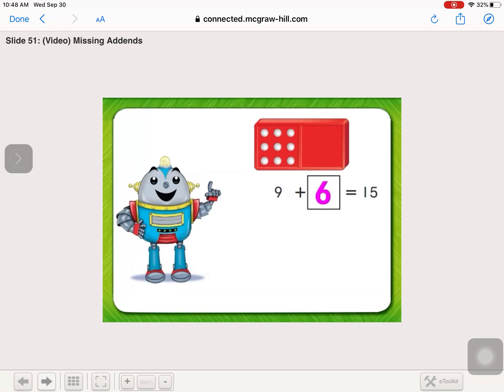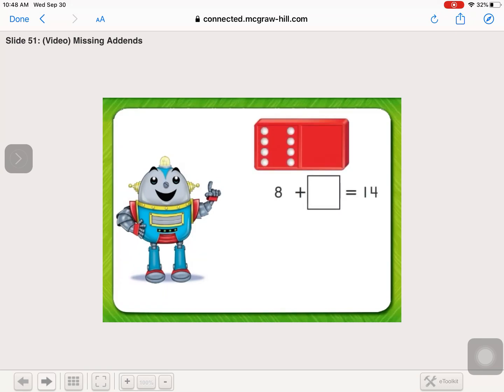We can check our answer by drawing more circles on our domino. We think our missing addend is 6. So let's draw 6 circles on the right side of our domino. Now we can count on from 9. 10, 11, 12, 13, 14, 15. 9 plus 6 equals 15. So 6 is the missing addend.